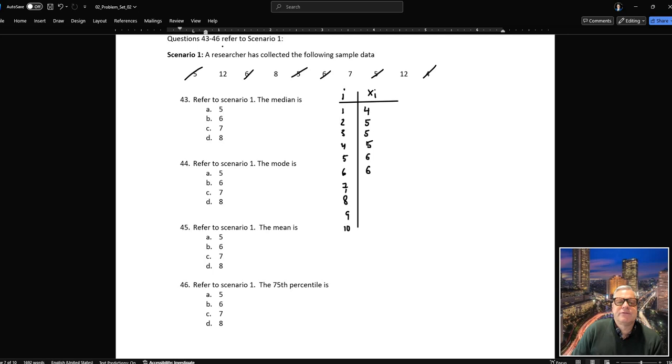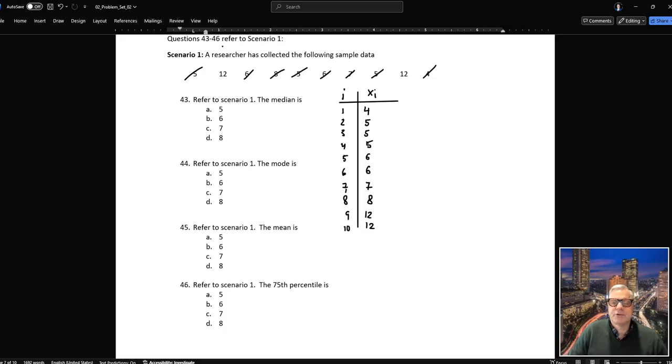We have a 7. Then we have an 8 and 2 12s. Okay, so this is our data when we sort it.